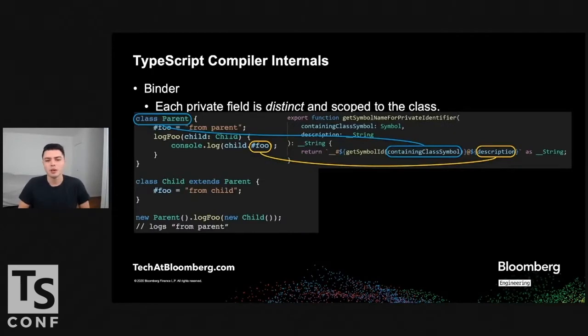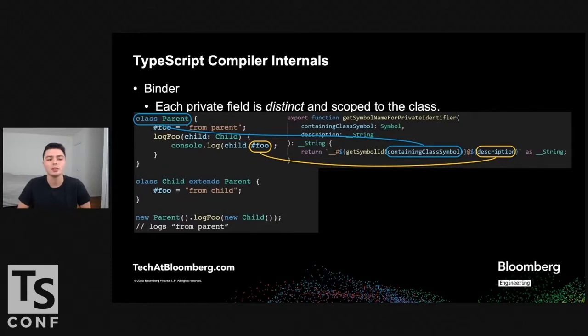In order to implement private fields in the binder, we need to create symbols for the declarations. Because the private field is very much linked back to the class in which it was declared, we need to store information about the class that it was declared in. So the name of the symbol stores the ID of the class's symbol as well.